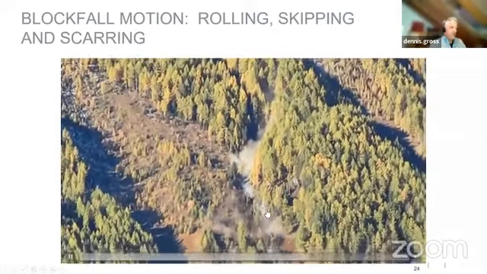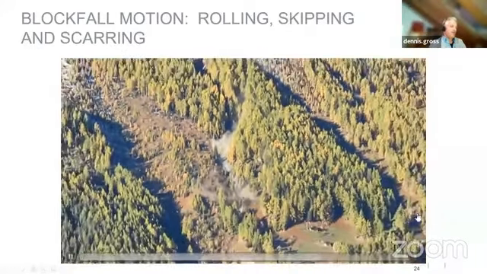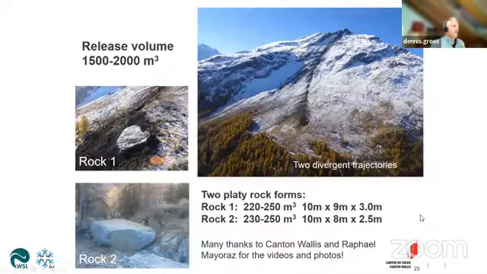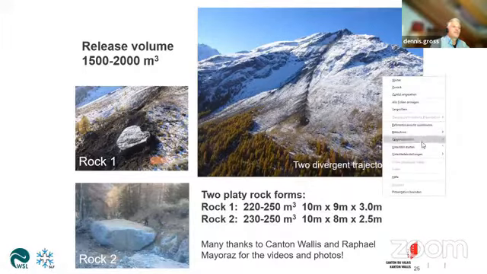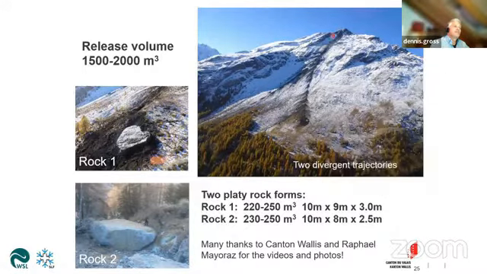And with this new approach of the WSL to improve 3D simulations, they've been introducing these in RAMMS. RAMMS is one of the famous 3D rockfall simulation programs. And before we have a look how the back calculation, the back simulation looked like, the source zone was here. It was the same source zone of these two rocks.